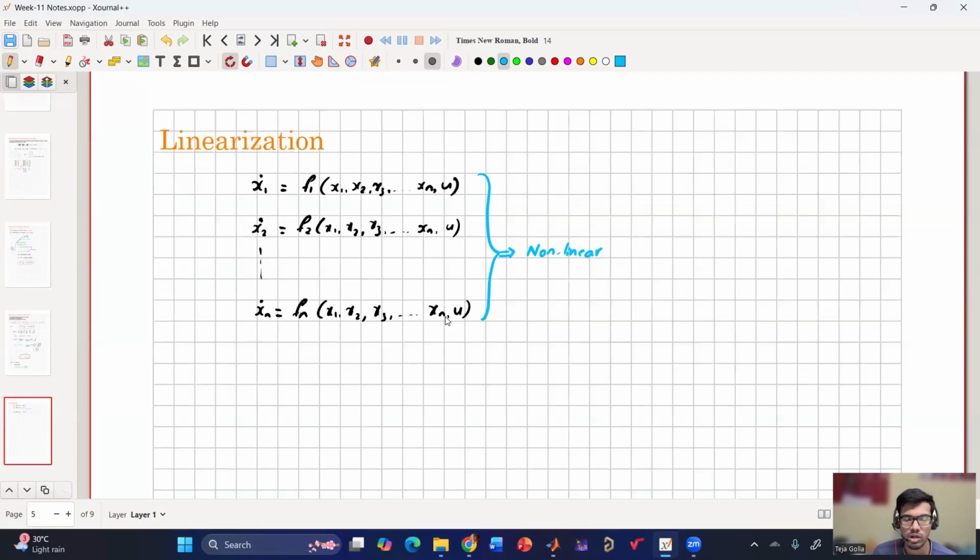Now the question is, what if there are multiple operating points? Then we have to analyze the system around each of those operating points, linearize around them, check the stability, and design the controller for each of those operating points.